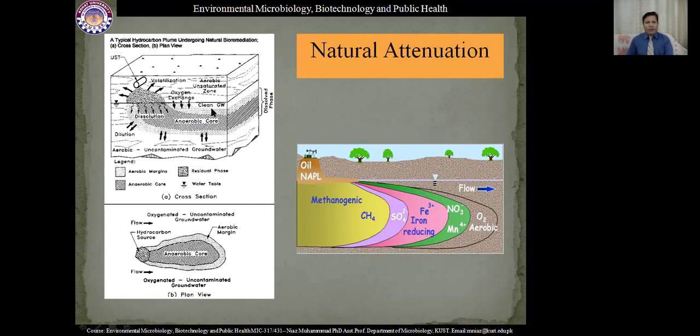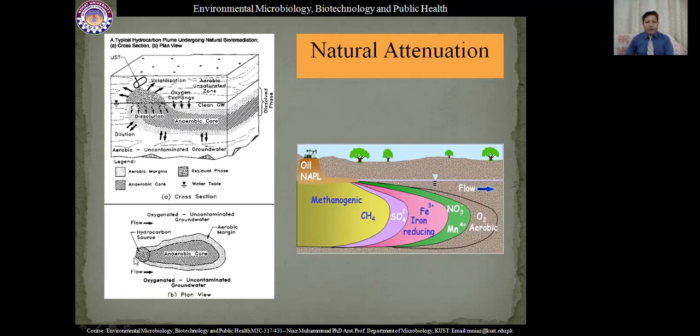So gradually this small shadow zone will increase, and the pollutant will be reduced. This is called natural attenuation. There will be a time the concentration of this spilled pollutant will be finished, but it will take more time, and we cannot say how much time it will take for any given chemical.